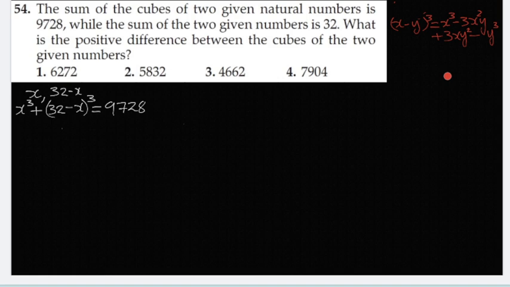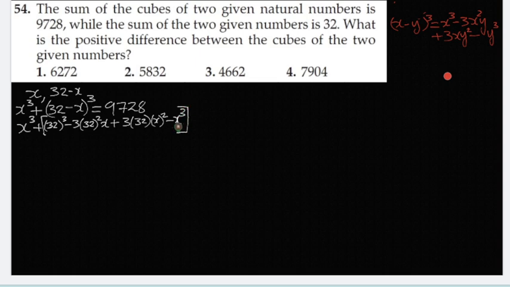So this will be x cube, we will keep it as such. Now on expanding 32 minus x the whole cube, we get 32 the whole cube minus 3 into 32 the whole square multiplied by x plus 3 into 32 multiplied by x the whole square minus x cube.